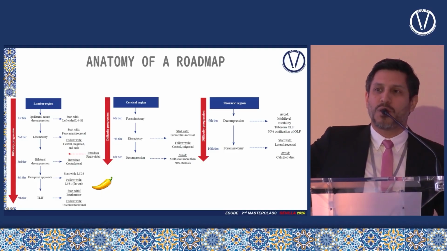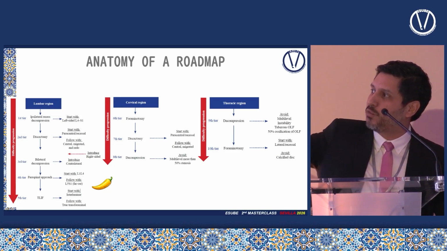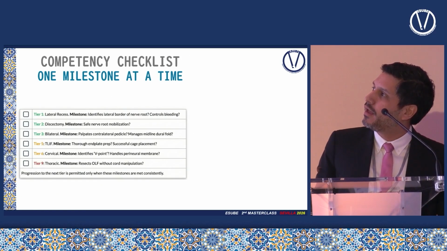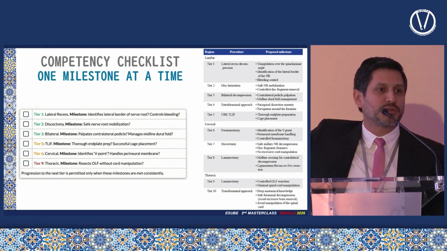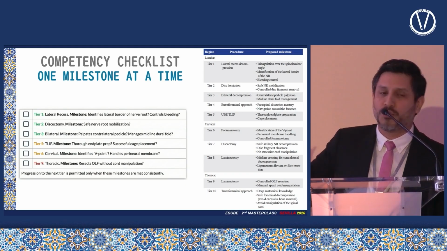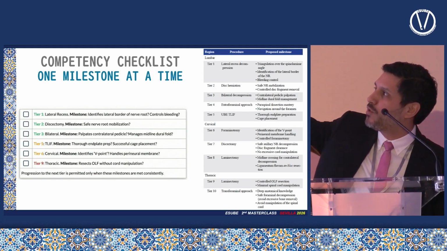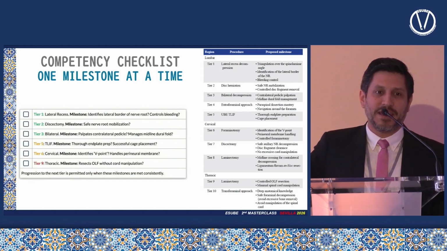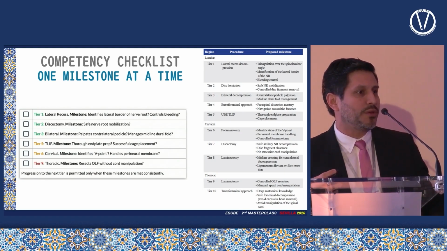But if you want to separate all the procedures, you should start with the lumbar region, with this part, then cervical, then thoracic. And why? Because we're talking not only about number of cases, but also milestones. When you achieve some of these milestones, you can progress, you can advance to the next level. For example, if you want to do bilateral decompression, which is the tier 3, you should be able to triangulate, to mobilize the nerve root, to see the lateral border of nerve root, etc.